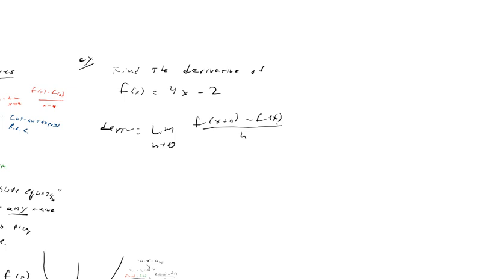So I'm going to plug these into my equation. My steps are, step one, plug in, then simplify, and then step 3, do the limit. Step 1, plug in. Limit as h approaches 0 of 4 times x plus h, minus 2.